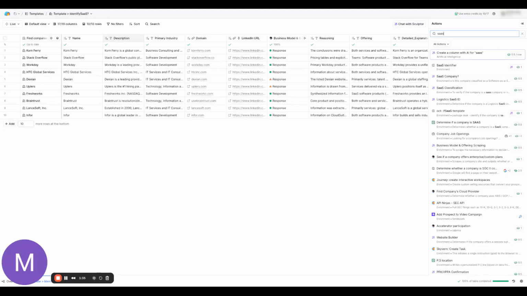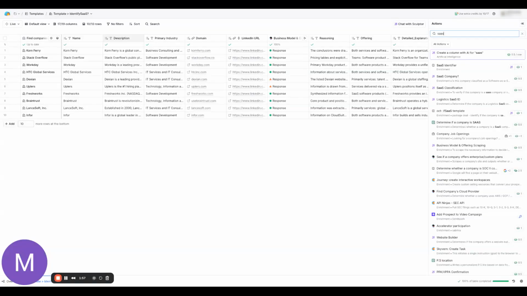So the way I went about it was I was talking to AI, and especially on Claude, by the way, this is where I do most of my brainstorming. I asked AI, hey AI, how do you exactly understand if a company is a SaaS company or not? And then step by step, I went through a process and really understood what are the main things an AI will look for.